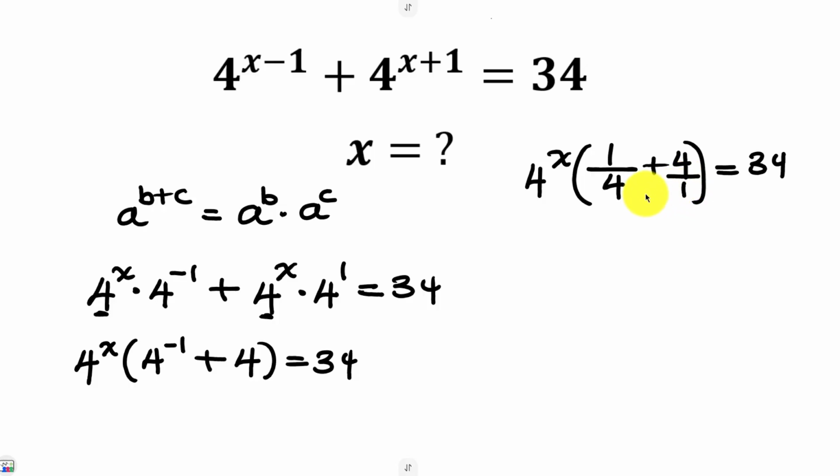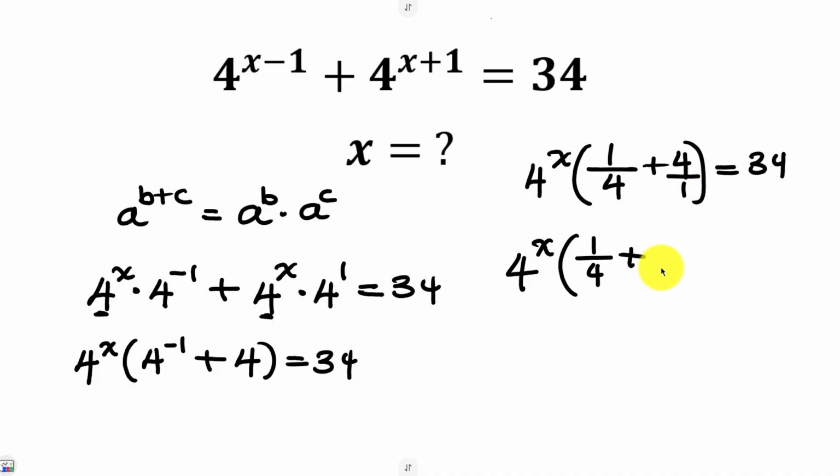Good. Now our next step is to make this denominator the same as this 4. So we have what is outside, 4 to the power of x. Now open bracket, this is 1 all over 4 plus. Now to make this denominator the same as a 4, since I have 4 here, I'm going to be multiplying 1 by 4.